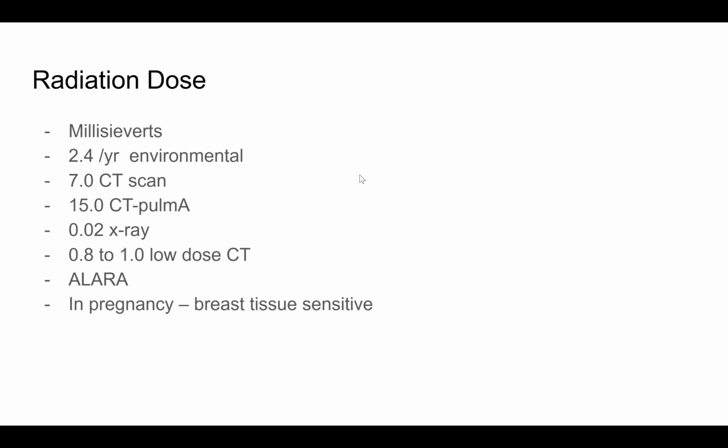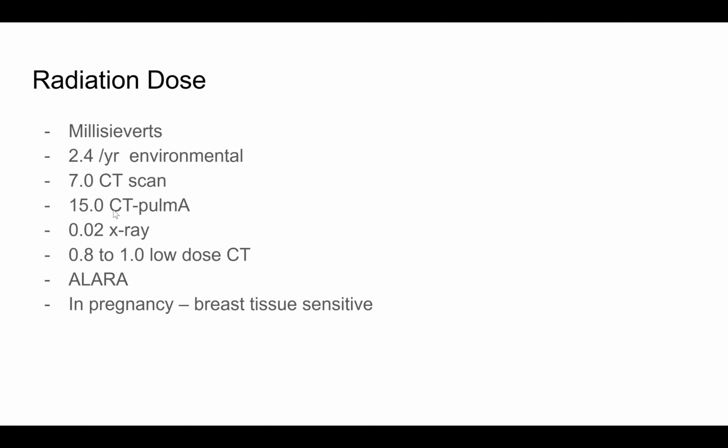We should know that the radiation dose is measured in millisieverts, okay? And the average exposure of environmental radiation to a person is about 2.4 mSv per year. For a CT scan, we have about 7 mSv, and for a CT pulmonary angiogram, about 15 mSv.